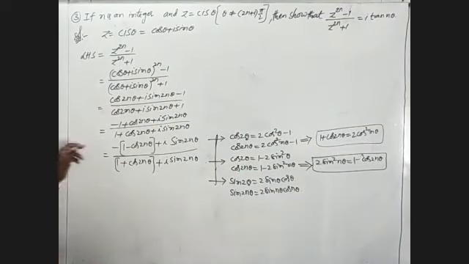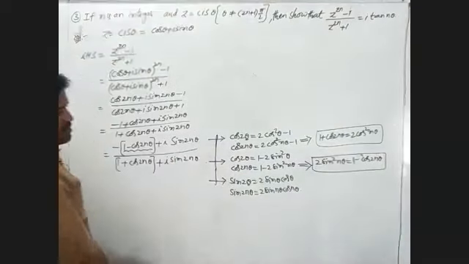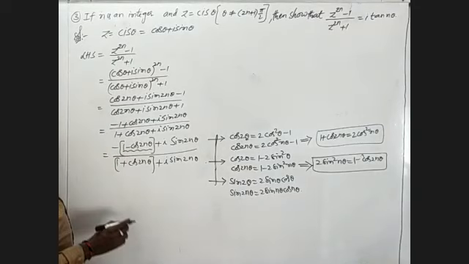We write 1 minus cos 2n theta as 2 sin square n theta.